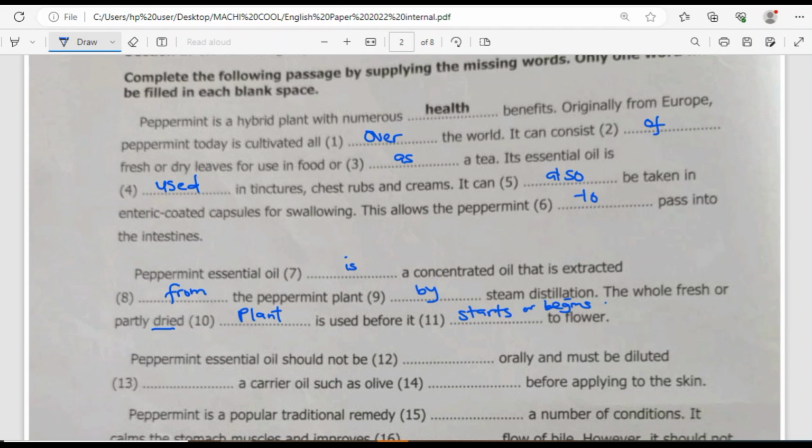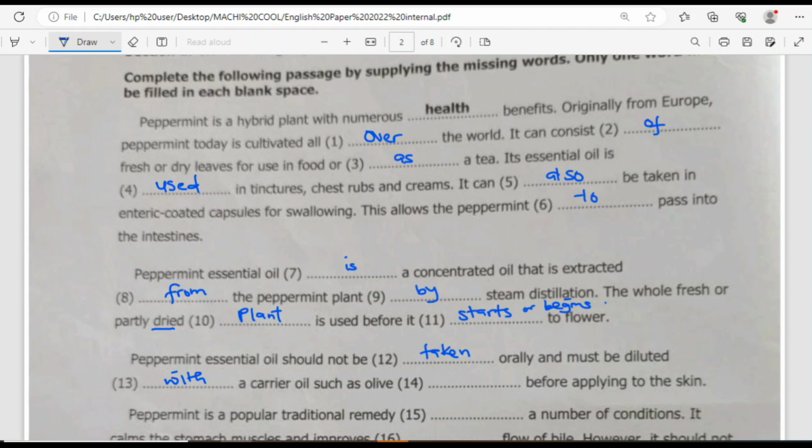Okay, so the other one, let us move. We're saying that peppermint essential oil should not be taken orally and must be diluted with a carrier oil such as olive oil before applying to the skin.